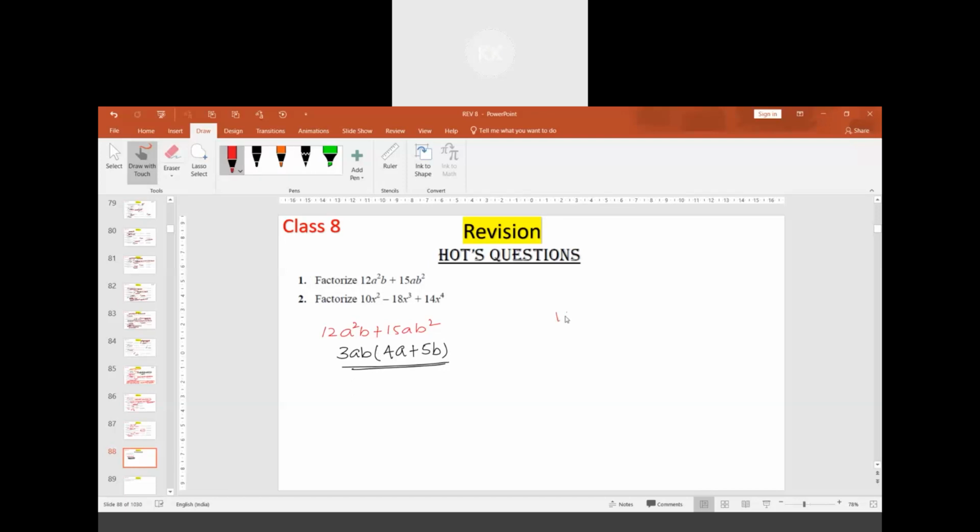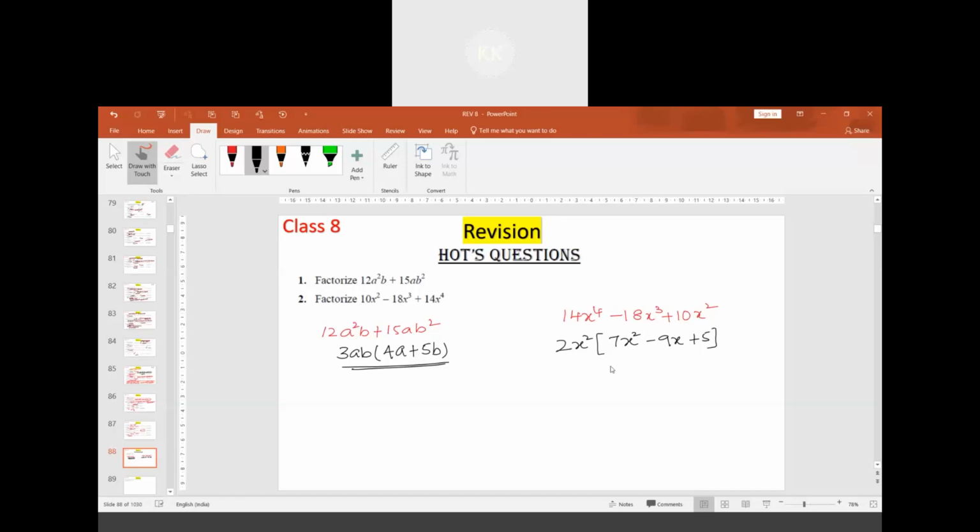In the next question, the best approach is to rearrange it. 14x to the power 4 minus 18x cube plus 10x square. In these 3 terms, x square is common and 2 is also common. If I take 2x square out, we get 7x square minus 9x plus 5.